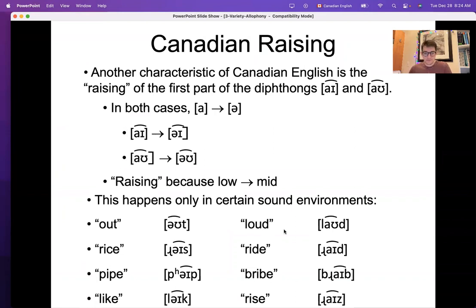And I hope you can notice the pattern, or pause the video and try to figure out the pattern: when it emerges or appears and when it does not appear. So basically, /aɪ/ becomes /ʌɪ/ and /aʊ/ becomes /ʌʊ/ in Canadian English.